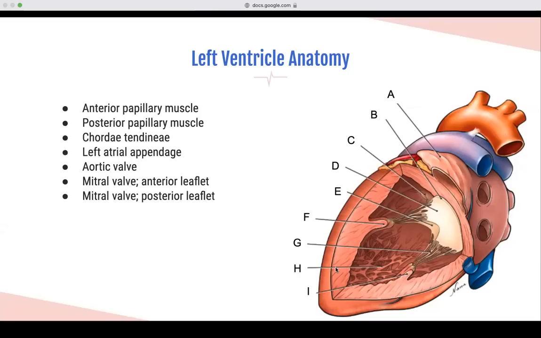According to the sources that I read, these papillary muscles are thicker and stronger than the ones in the right ventricle. And that makes sense because we know that the left ventricle reaches very high pressures during systole. Do you know or remember what the pressure is during systole in the left ventricle?